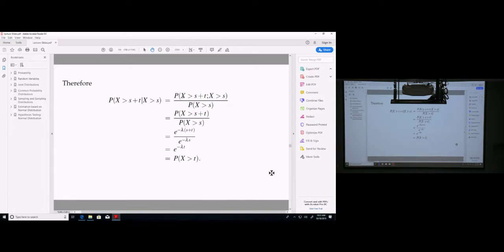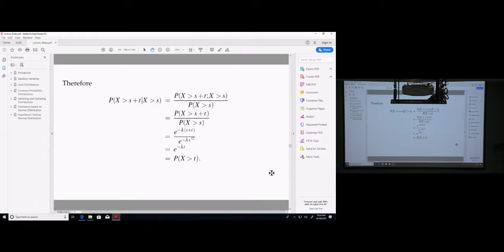This is a subset of this set. Because you insist that it has to live beyond s plus t, then of course it must live beyond s, right? So as a result, this is a subset of this, so the intersection of this will be just itself. So this is the simplification here.